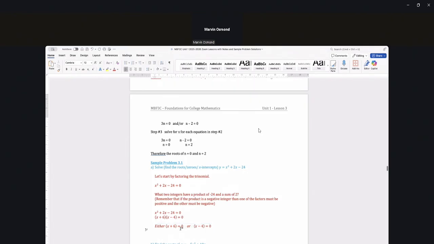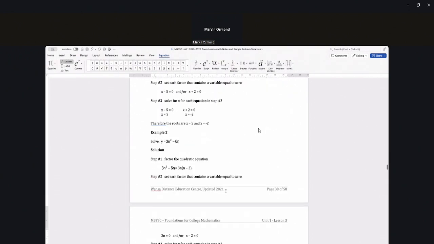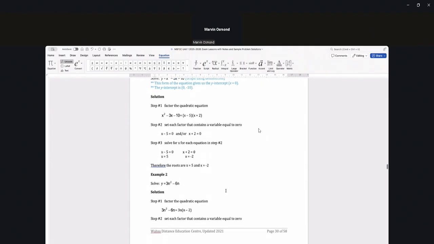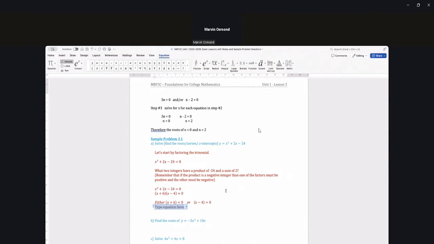So that means if x plus 6 is equal to 0, then x must equal negative 6, or x equals positive 4.